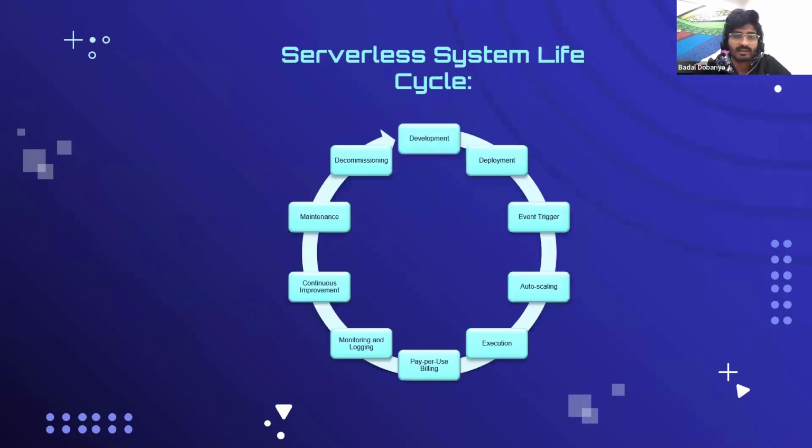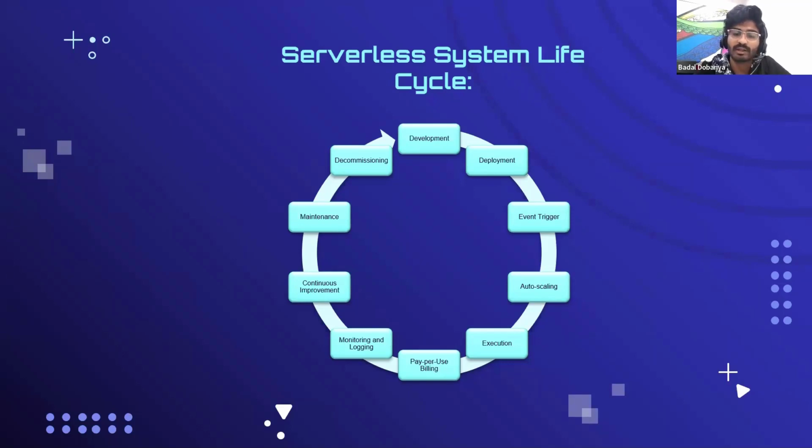Let's see the life cycle of a serverless system. So whenever the serverless system is started, you begin by developing code, right? And after developing the code, you integrate it with the function that you are defining in your application. After that it will be deployed, and whenever an event triggers, it just turns on, and auto scaling happens when many requests come into your system.